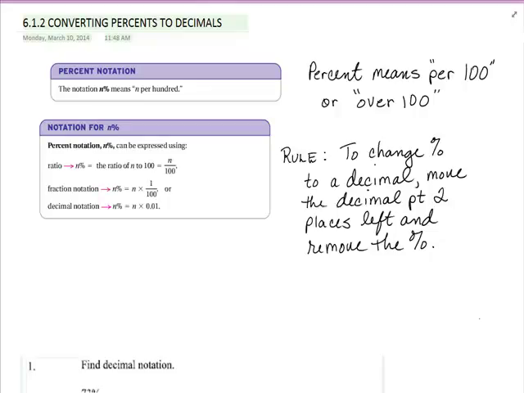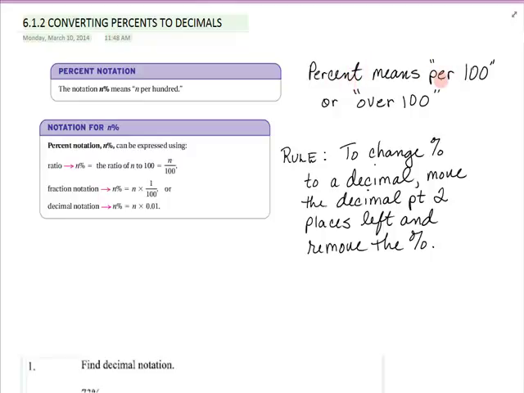In this unit of the last module, we're going to be working with percents in a lot of different ways. Now, the word percent means per 100. If you just take the word percent, there's the per. Cent comes from the Latin, which has to do with 100.